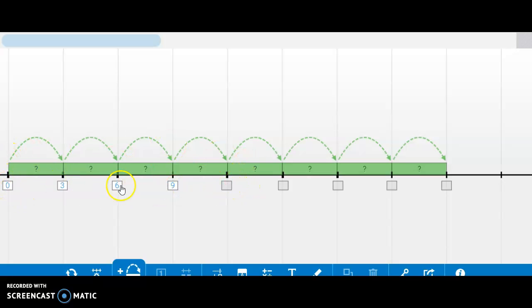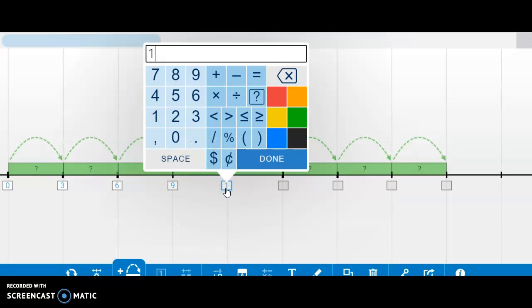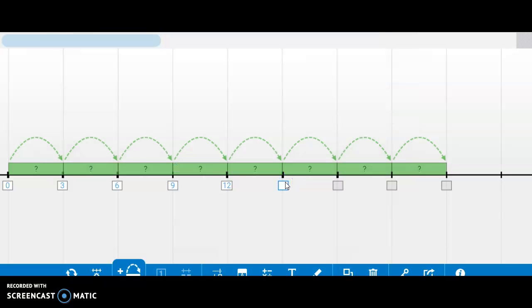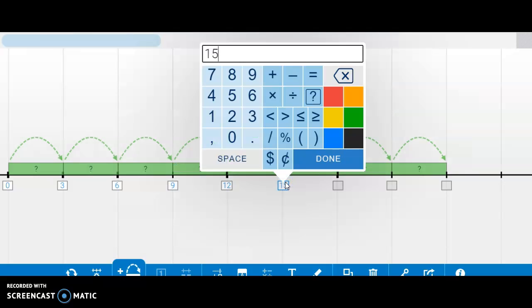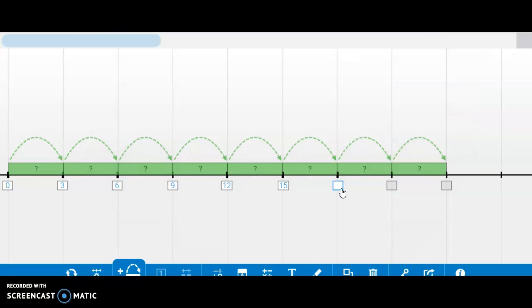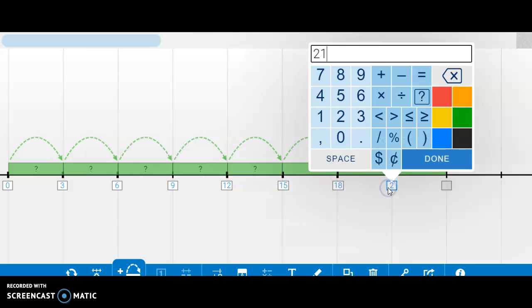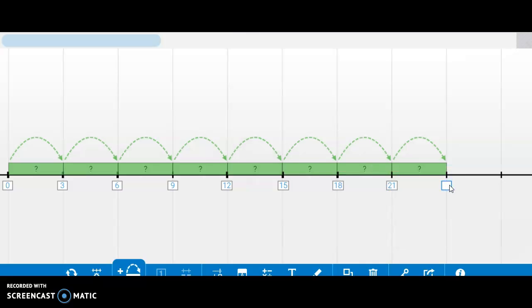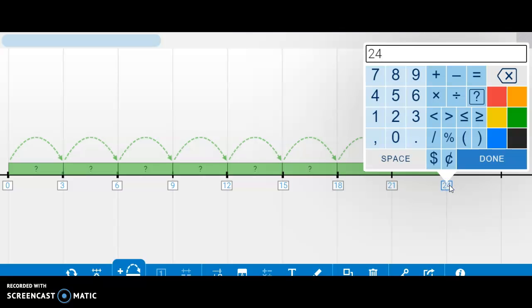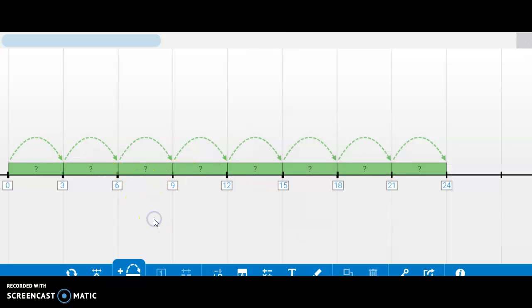I have 3, 6, 9, this next one's going to be 12, 15, 18, 21, and 24. So I see my 8 hops of 3. Each time that I hopped up, I went up by 3. And my product of 8 times 3 is going to be 24.